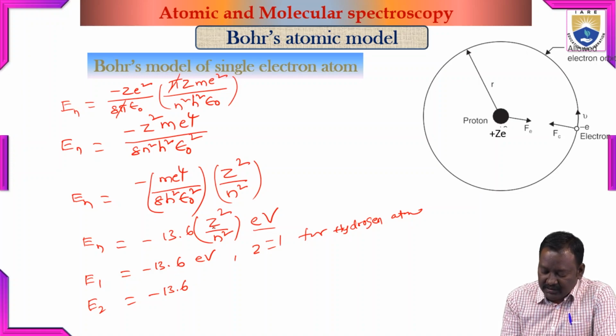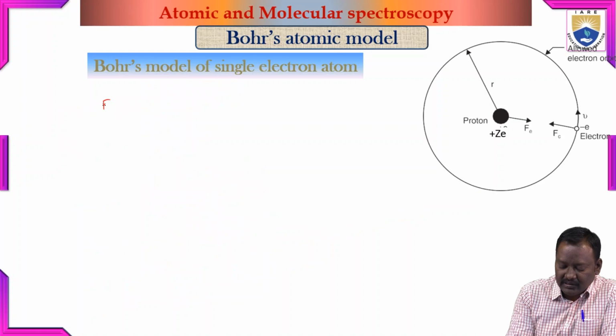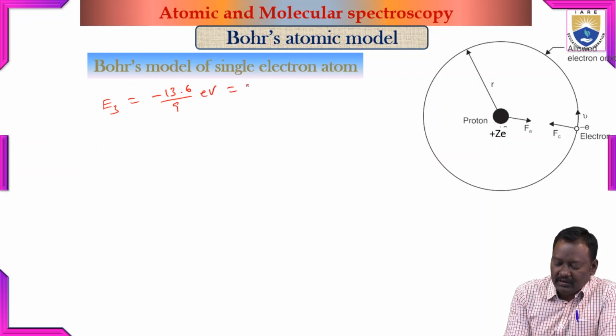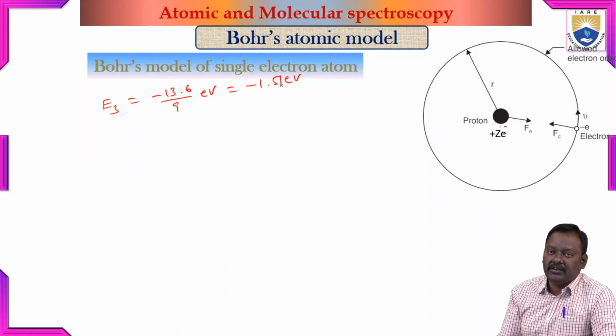For the second orbit, Z is the same, so it is 1 by 4, since n equal to 2, and we are going to get minus 3.39 electron volt. For the third orbit, E3 equal to minus 13.6 by 9 electron volt, which is around minus 1.5 electron volt.